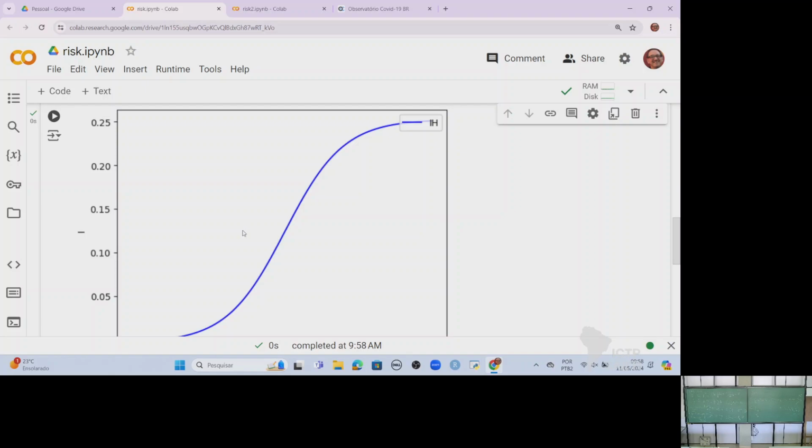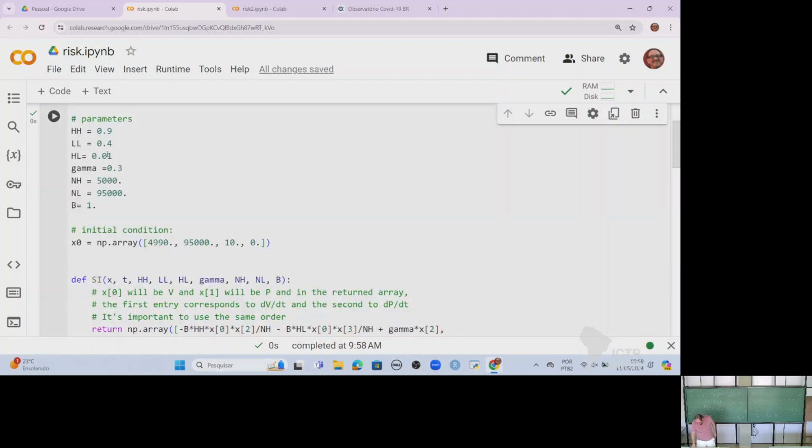This is what people call the transmission matrix. This matrix actually incorporates behavior in this case.